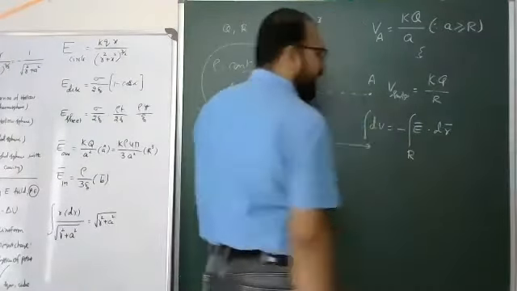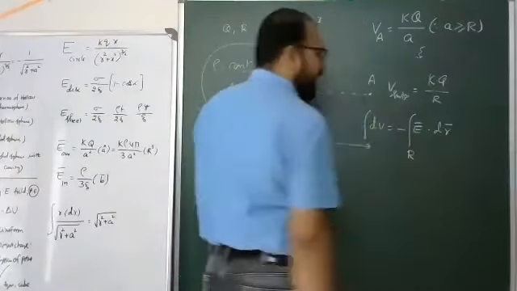Yes, students, now Vb minus Vs on the left side, equals minus integral E, rho by 3 epsilon naught into r dr, with capital R as the limit. r dr, students, we know the integration is r square by 2. So therefore Vb equals Vs.